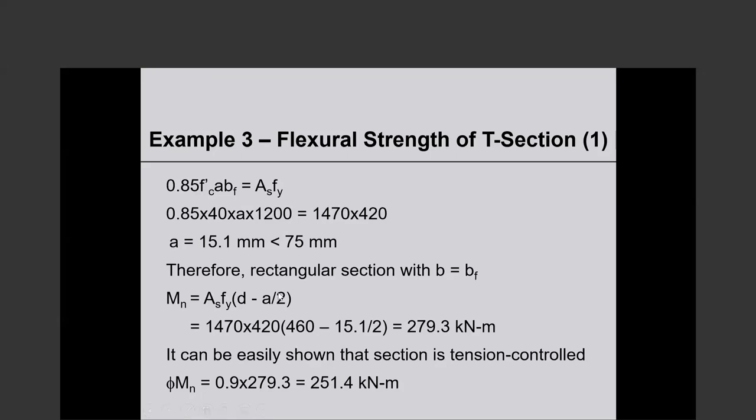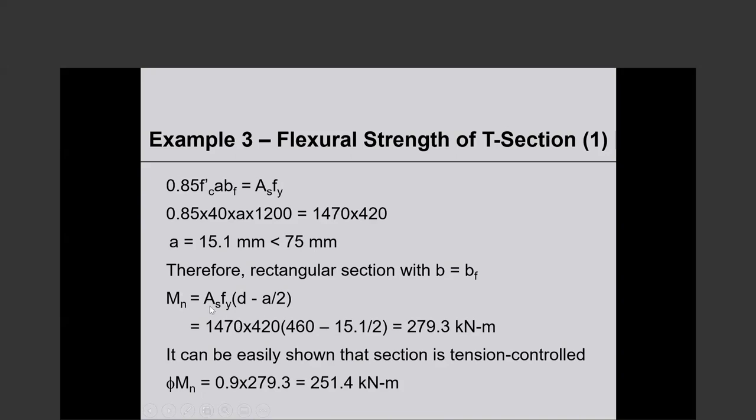Therefore, the T section is a rectangular section with width equal to the effective flange width. Then the nominal moment strength is A sub S F sub Y, the tensile steel force, times the lever arm.